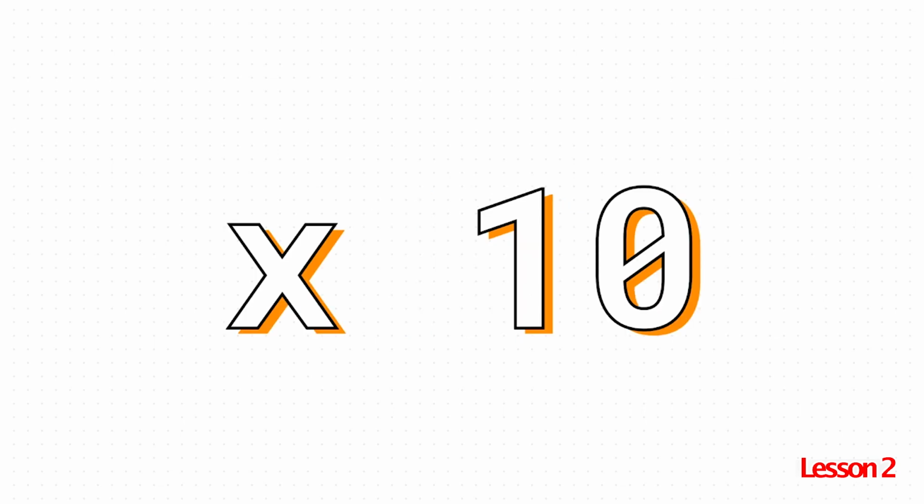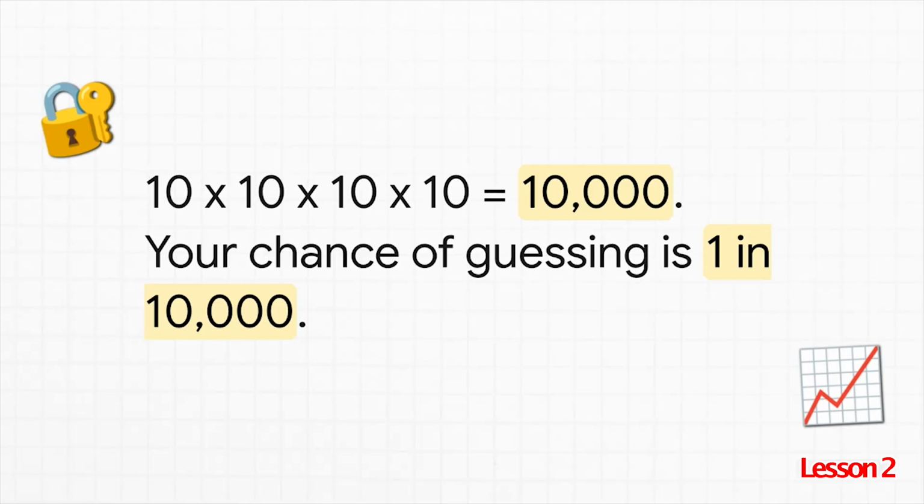For the second slot, we have the same 10 choices. And the third, and the fourth. So if we multiply those 10s together, that means we've got a total of 10,000 combinations. That means if someone tries to guess your PIN, their chance is just 1 in 10,000. It's a simple multiplication of independent events that makes digital stuff secure.